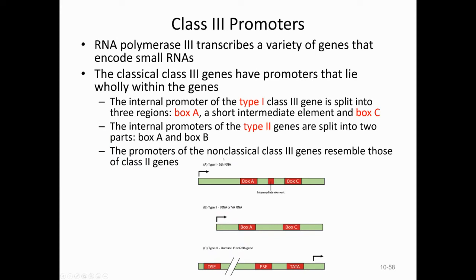And the type 1 and 2 basically have a downstream sequence that can be recognized. They have this downstream internal promoter. You see the transcription start site, then box A, box C. This downstream internal promoter is for the class 3 promoter for RNA polymerase 3.